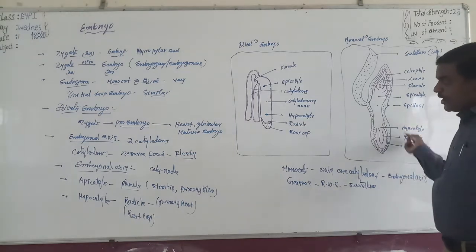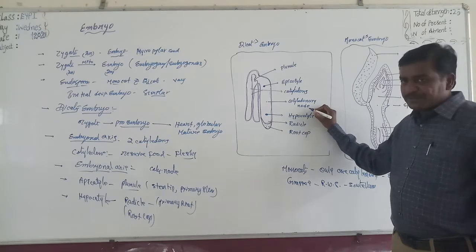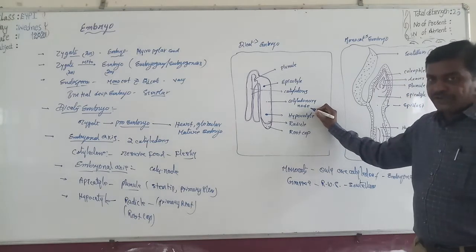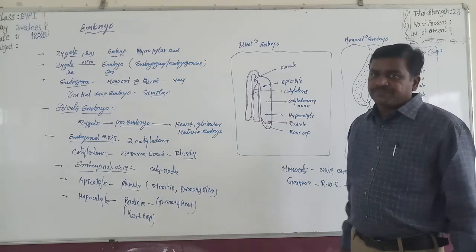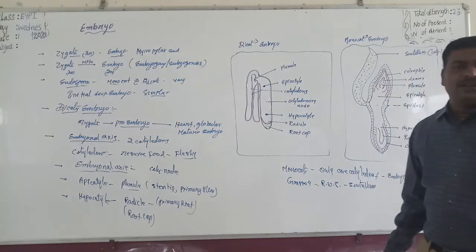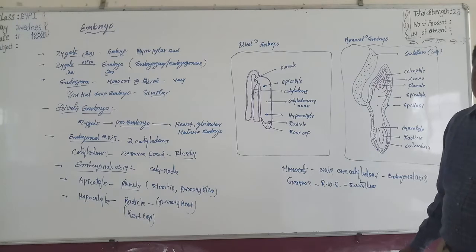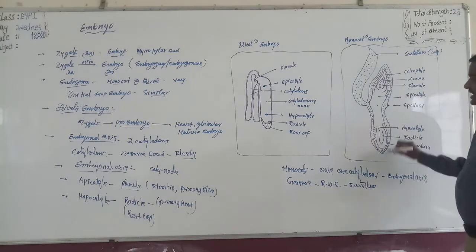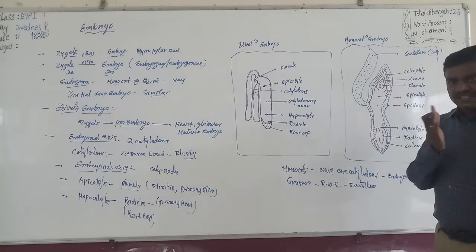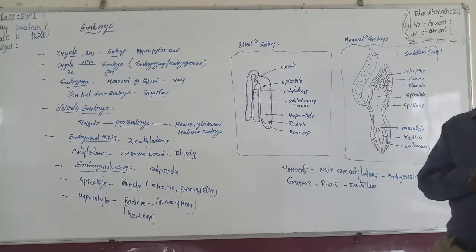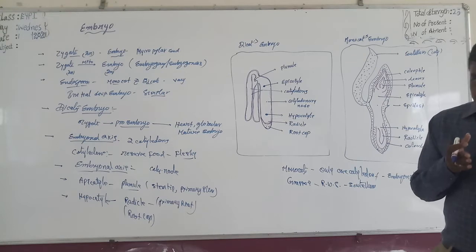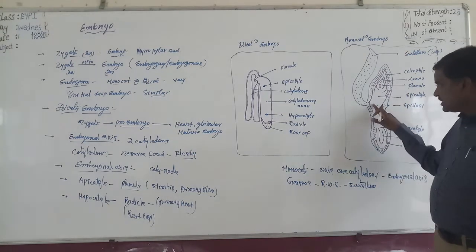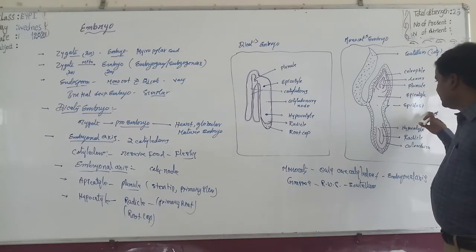The same point in the dicot embryo is called the cotyledonary node.